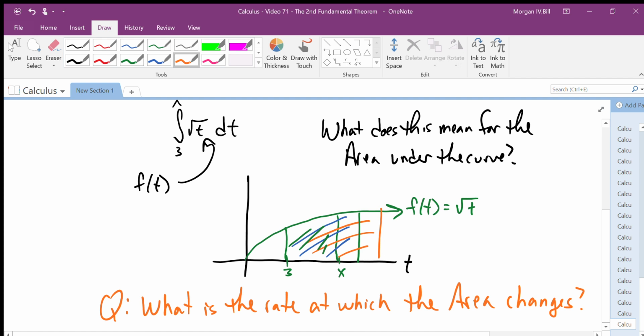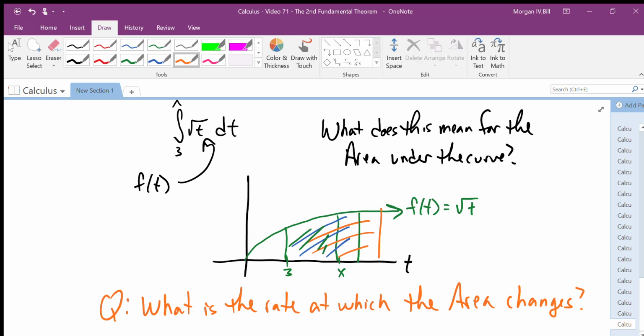If x is 4, maybe the area is like 6.5. And if x is 5, maybe now the area is 8. And if x is 6, now maybe the area is 10. The area is changing. If you picked a particular value of x, we would want to find out the rate at which the area is changing.